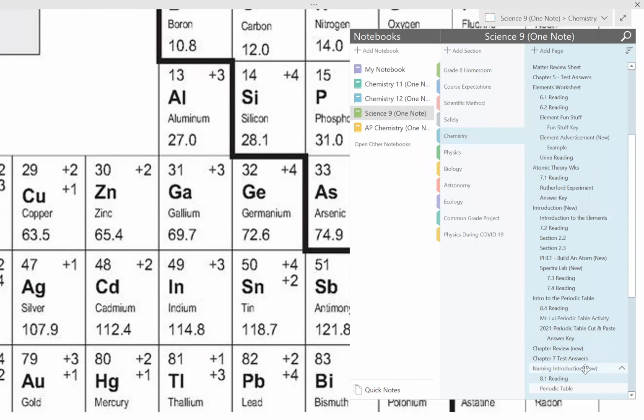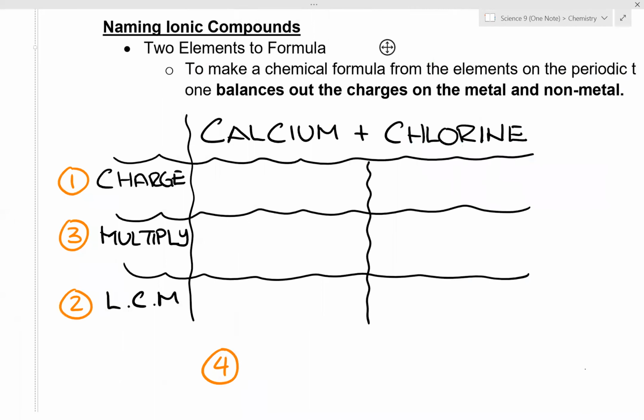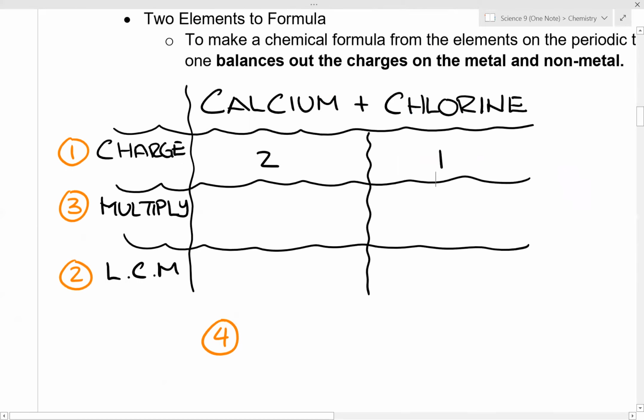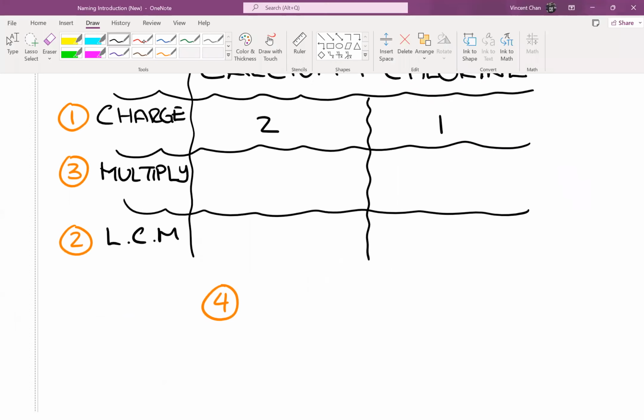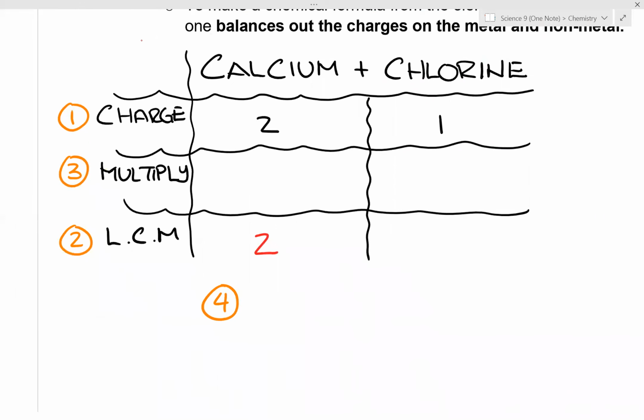Going back to our table here, the charge would be +2 for calcium and -1 for chlorine. Now, what you can do in your head is afterwards, you can ignore the plus and the minus. So what you want to do is focus on the lowest common multiple of 2 and 1. And in this particular case, the lowest common multiple is 2 and 2. The key thing is for the lowest common multiple, they must be the same.